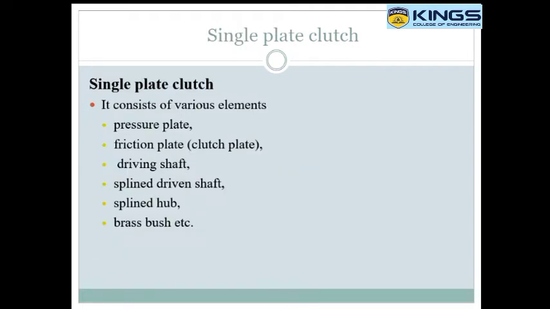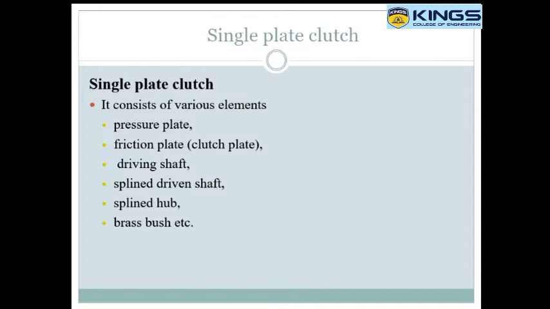There are various types of clutch. There is a cone clutch, single plate clutch, multi plate clutch, semi centrifugal clutch, then centrifugal clutch. Nowadays the hydraulic clutches are also provided.